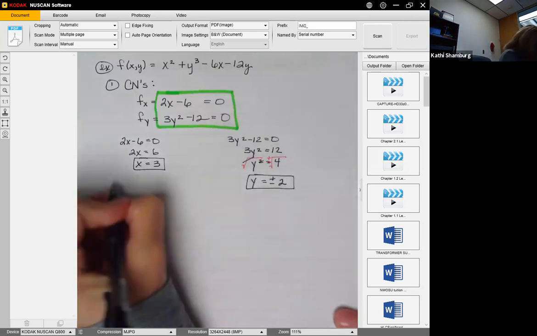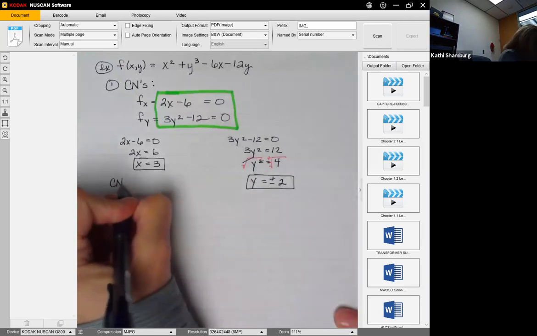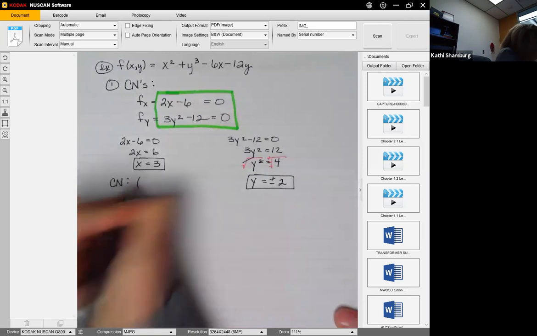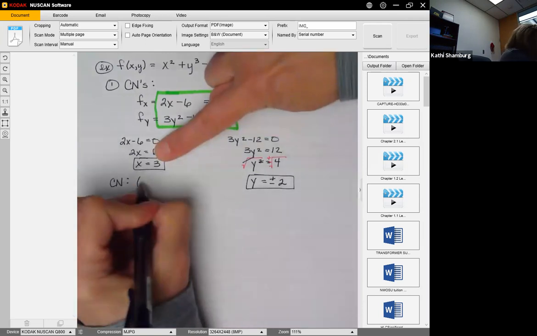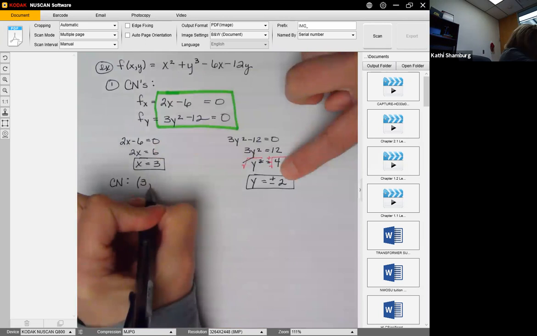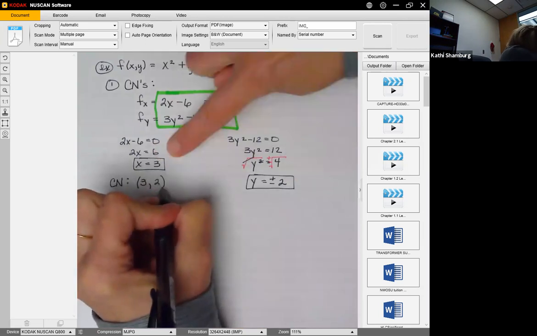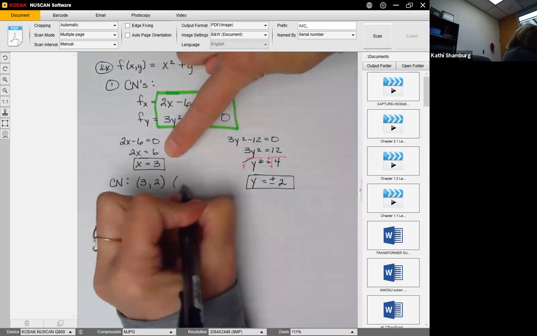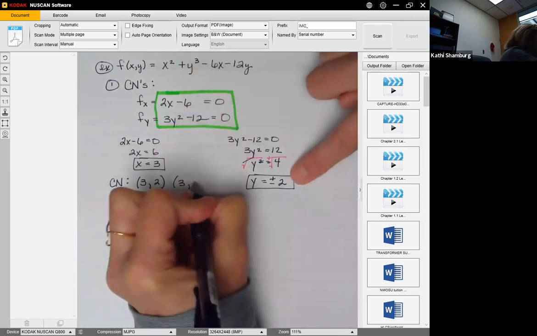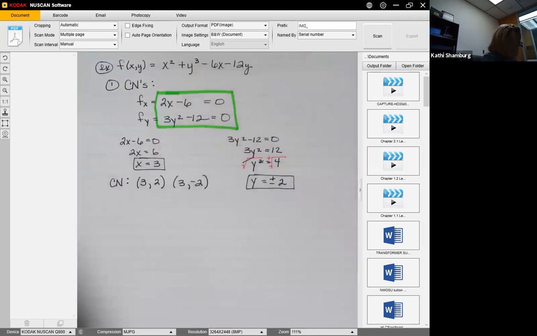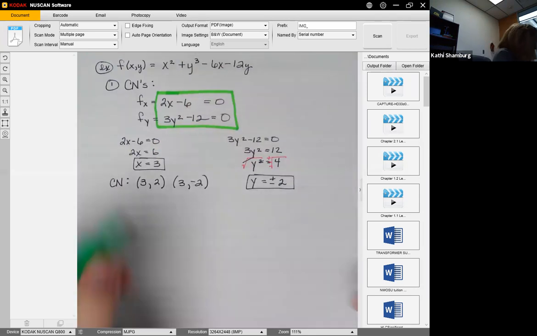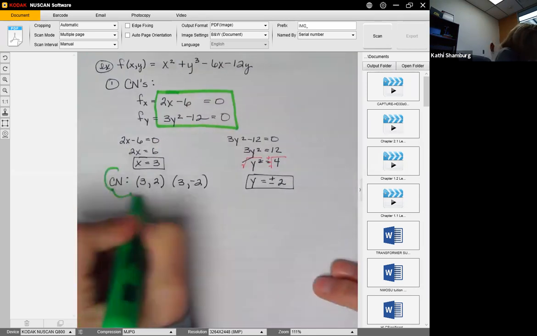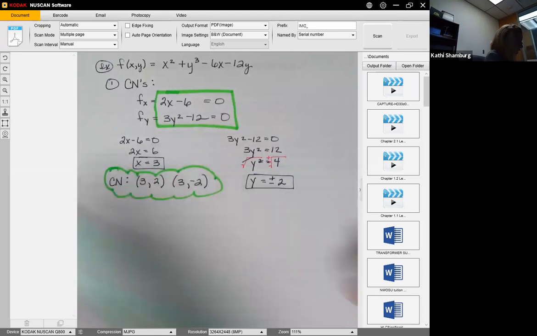All right, so how does that affect our critical numbers? Well, I have one critical number where x is 3 and y is positive 2. I have another critical number where x is 3 and y is negative 2. So here we have two possibilities.